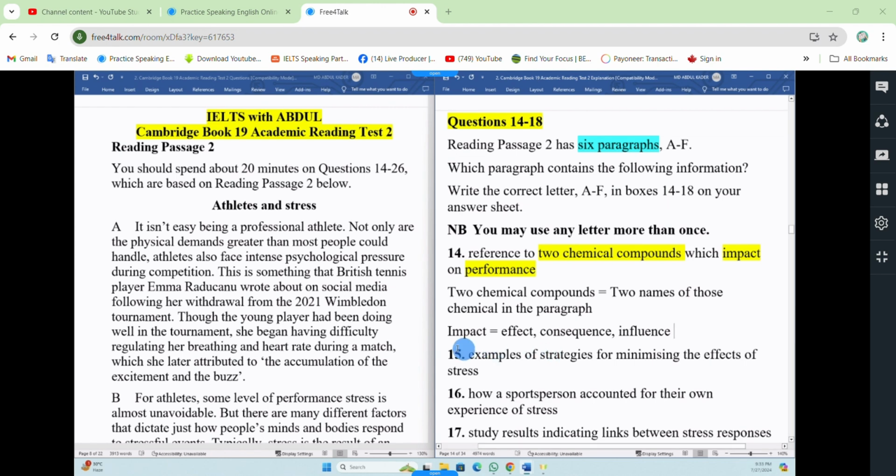So instead of impact, we should look for these words: effect, consequence, or influence. Because two chemical compounds which influence performance, right? So now it's clear what kind of paraphrasing words, or group of words, we should consider.